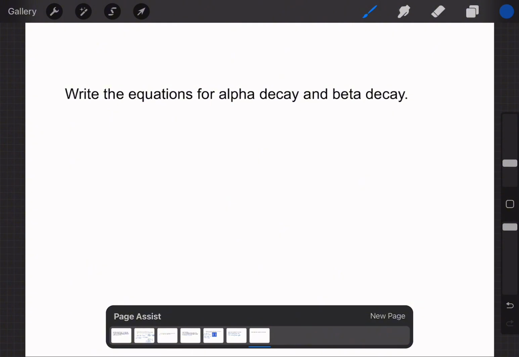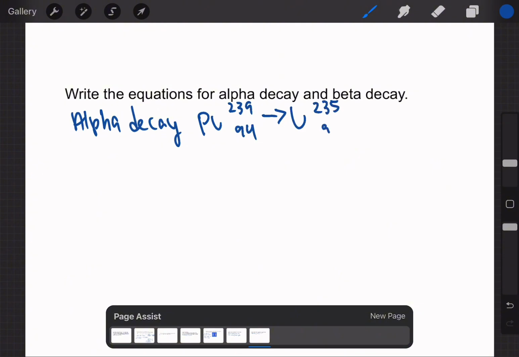Okay, so once again, just try to memorize it the best you can. Alpha decay is going to be Pu-239, with 94 at the bottom, and that's just going to transform into 235, 92 plus He, 4 and 2.